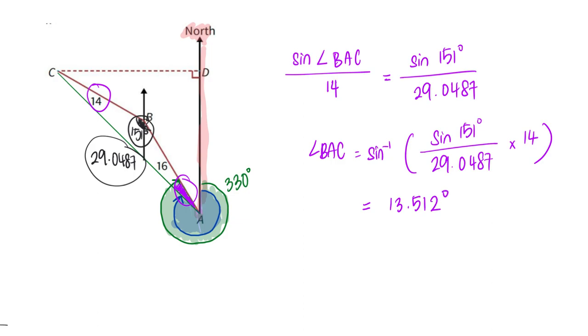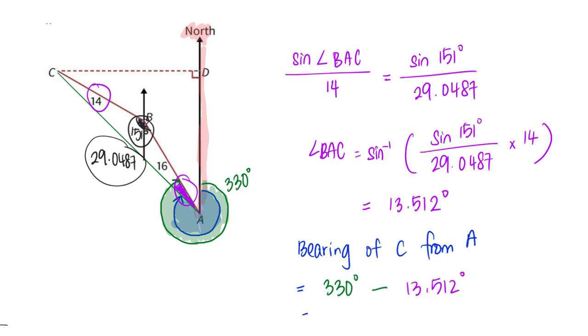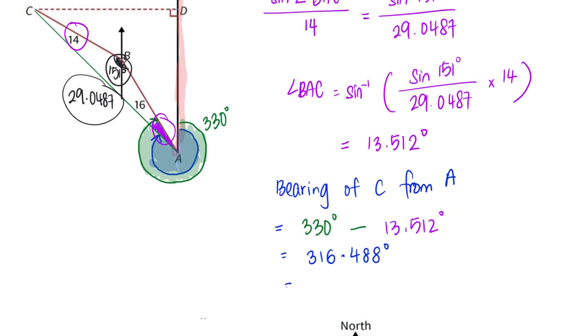And therefore, the bearing of C from A would then be 330 degrees minus 13.512, which is 316.488. Final answer in one decimal place.